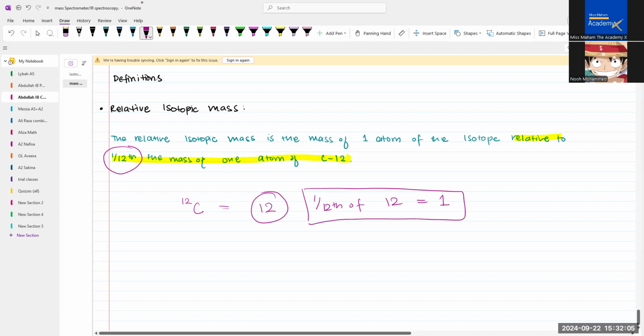So they're basically saying the relative isotopic mass is the mass of one atom of the isotope relative to 1/12 the mass of one atom of carbon-12. This is just a statement that they are using to compare the mass of a carbon atom and the mass of an XYZ atom, and that can be your relative isotopic mass for any atom.